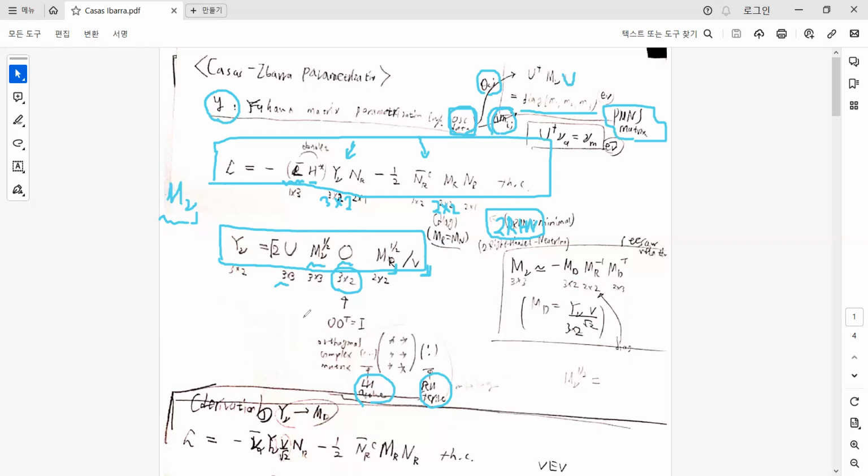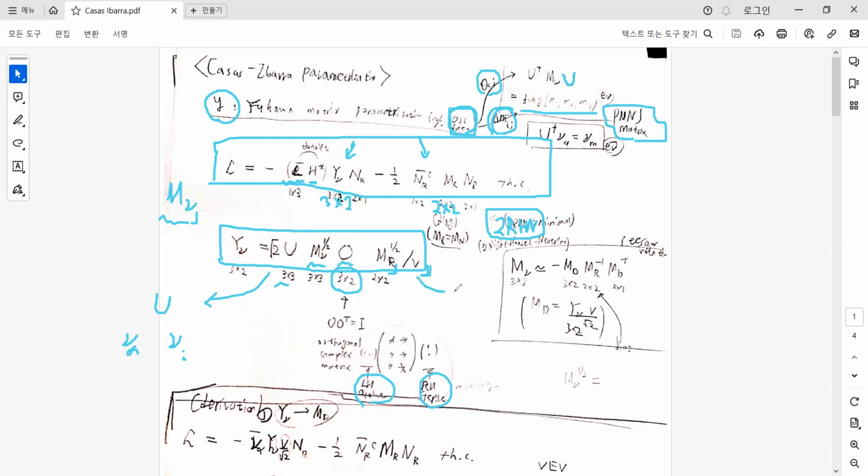If we use this parametrization, then there is a mixing matrix that converts between the flavor eigenstates of the neutrinos and the mass eigenstates in the Lagrangian.